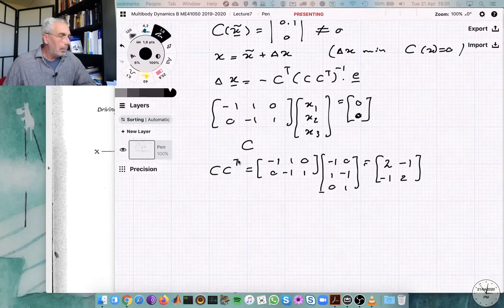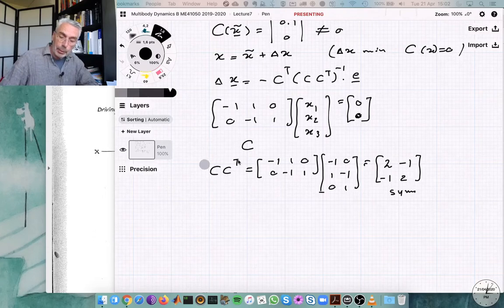Now, why am I happy? And then everybody in the chat said, because, well, nobody says anything in the chat, so I will say it: because it's symmetric. And I expect it to be symmetric because if I take the transpose of this, I get exactly the same expression, right?